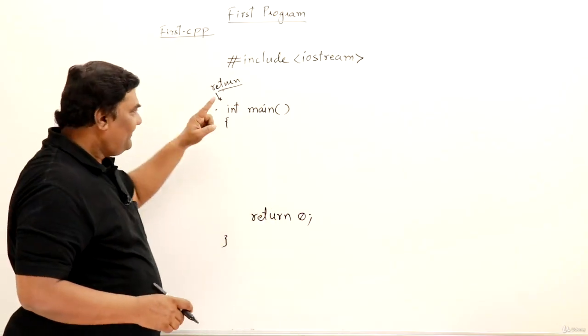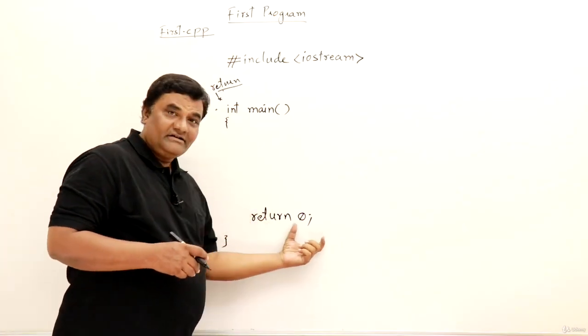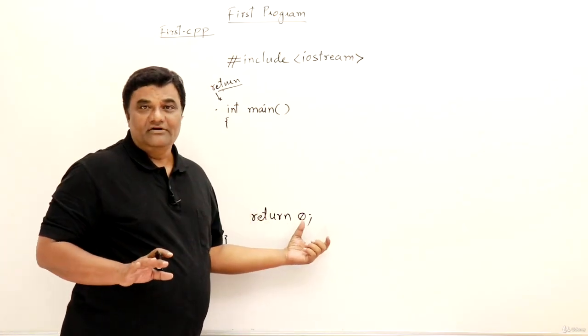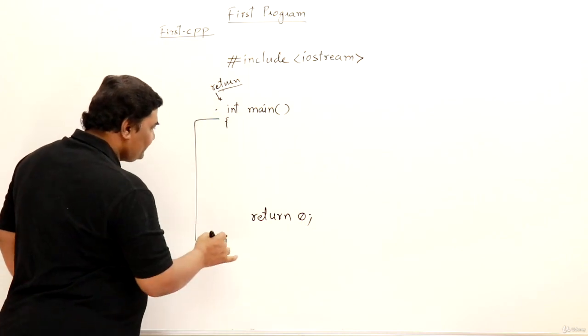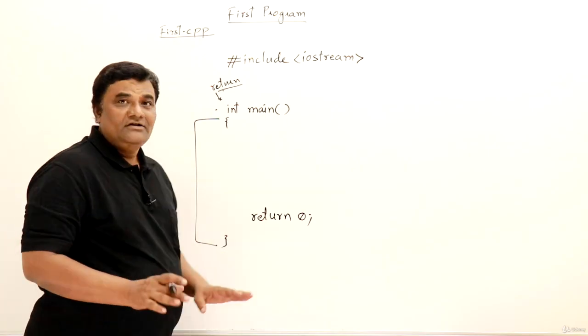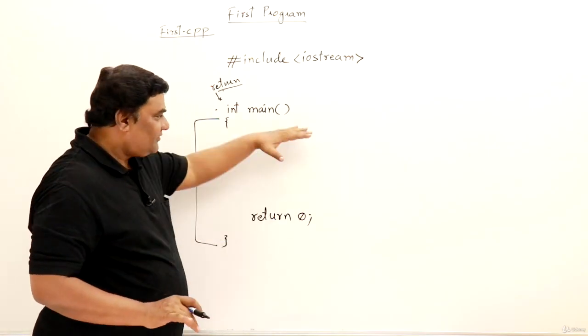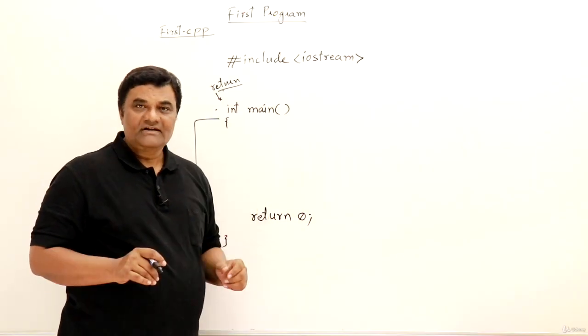And when you have int there, you have to write return 0 at the end of the main function. And this is the body of the main function, with the opening flower bracket and closing flower bracket. Whatever you have to write, you write it here inside the body of the main function.